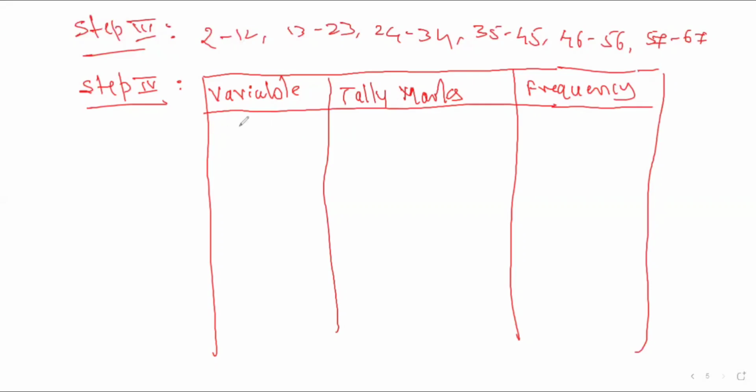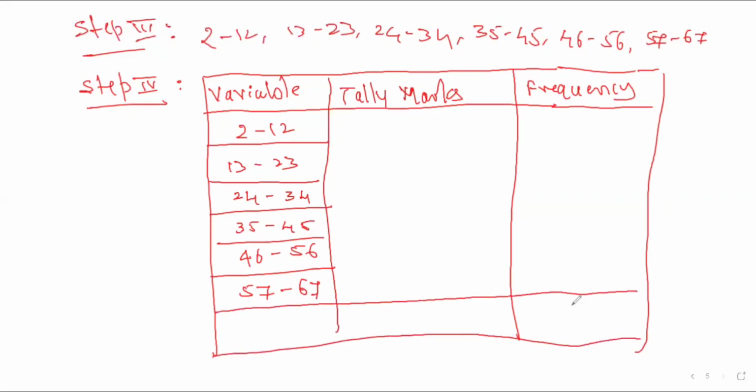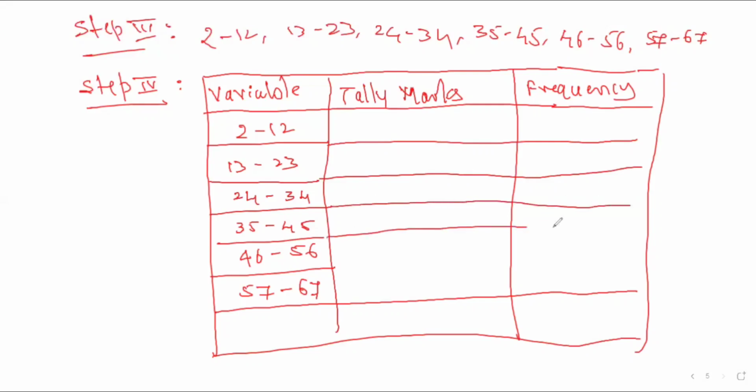Variables are nothing but class intervals: 2 to 12, next 13 to 23, next 24 to 34, next 35 to 45, next 46 to 56, next 57 to 67. So this is the empty platform of continuous frequency distribution for this example.